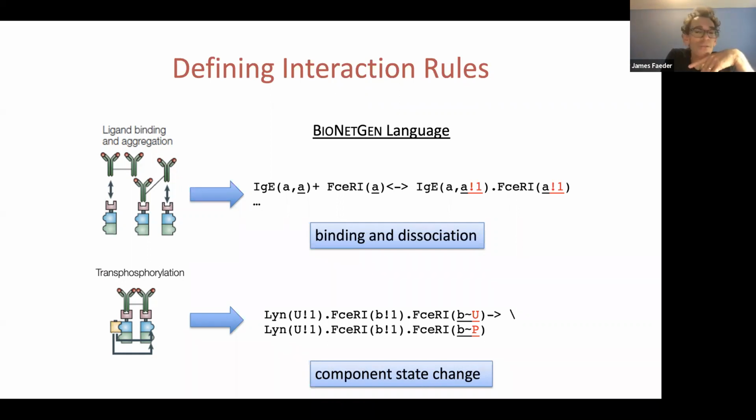Another thing to keep in mind here, there's a question in the chat about the ordering of these things. These are graphs. The underlying representation is that of a graph, so the order really doesn't matter for determining the identity of the graph. The only place where the ordering can matter is, like in this case of the FC epsilon R1, where we have two copies of a molecule in the same rule. In this particular case, changing the ordering on the product side would probably not have an effect.